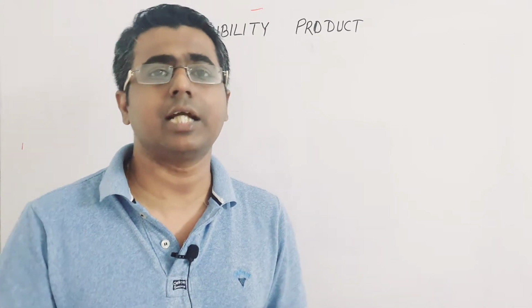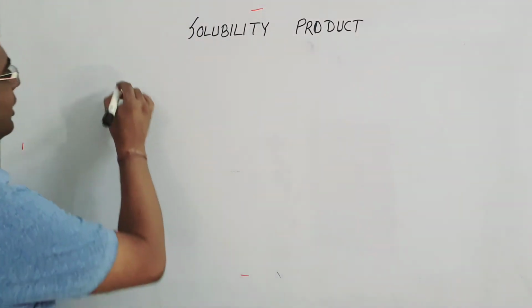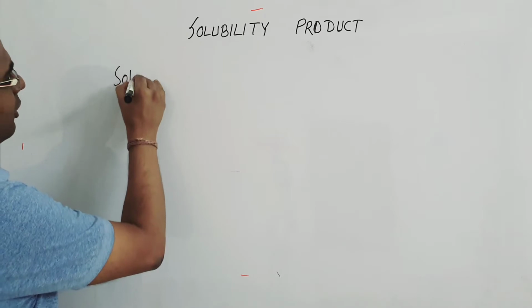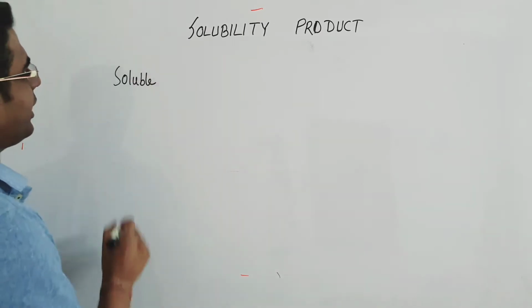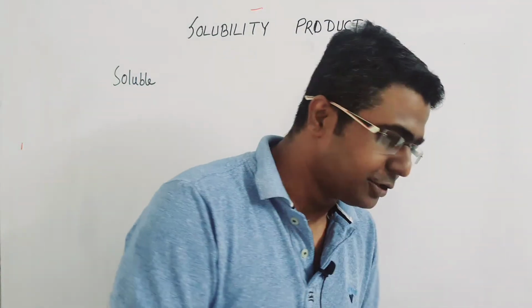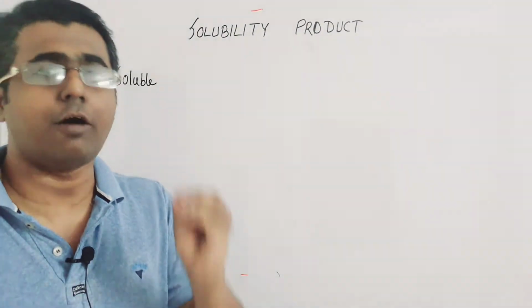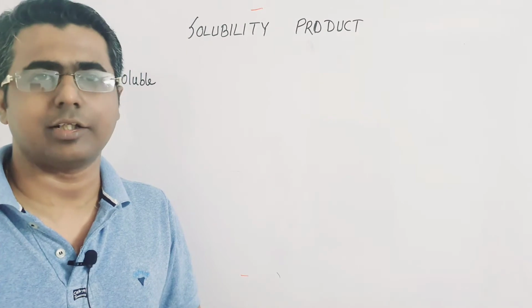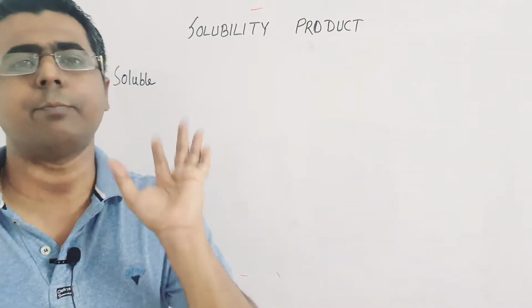So there are three kinds of salt. One kind we will call soluble salts. What does soluble salt mean? It means that the solubility of that salt inside water is more than 0.1 molar.